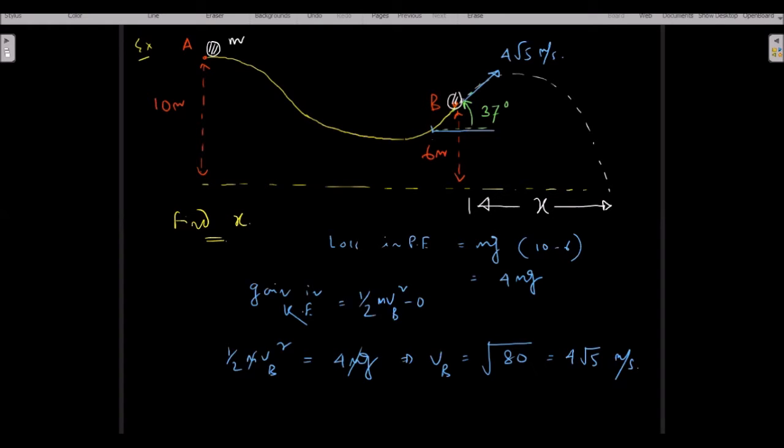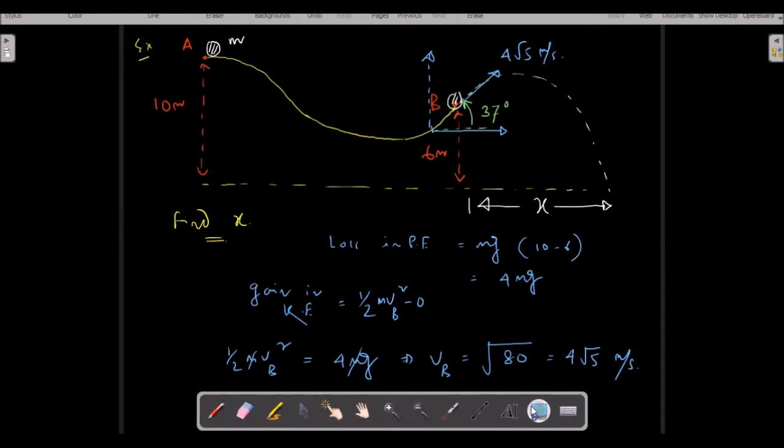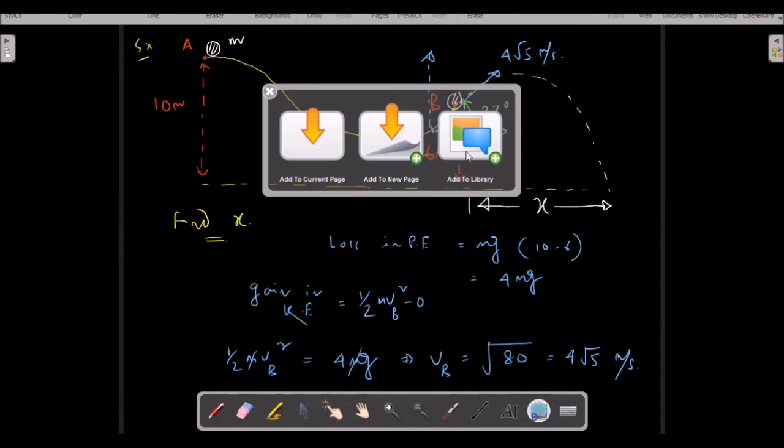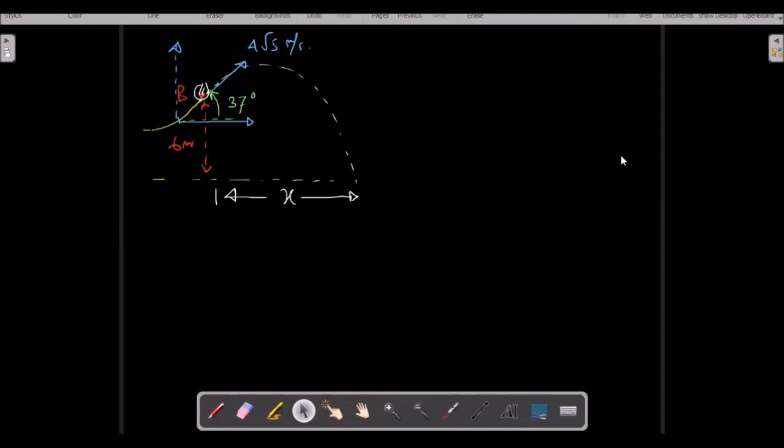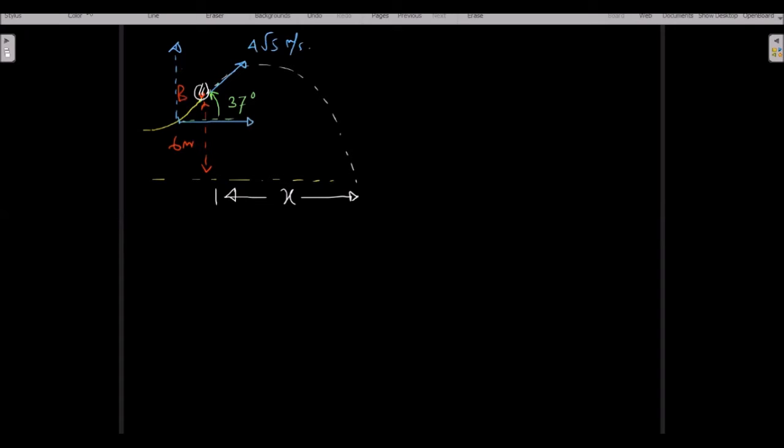So it will have a horizontal component and it will have a vertical component too. So now if I replicate this diagram, just take this portion only. So now if you check it, this horizontal component is going to be 4 root 5 cos of 37 degree.